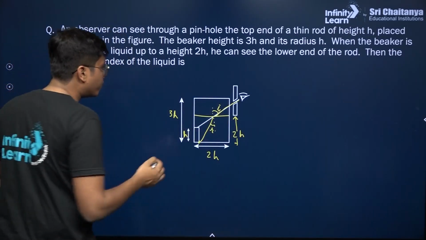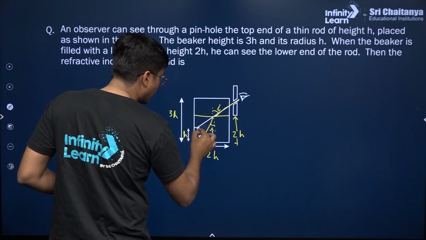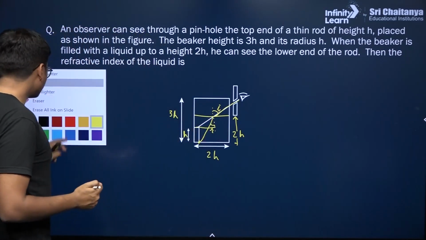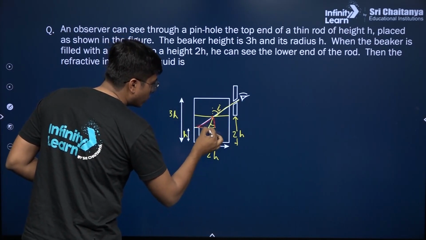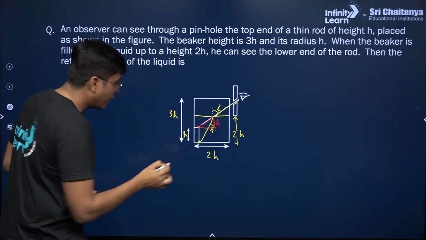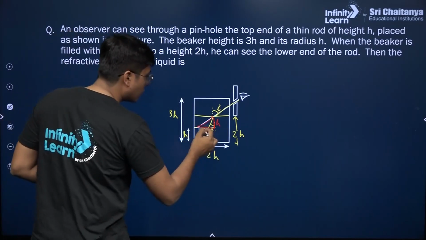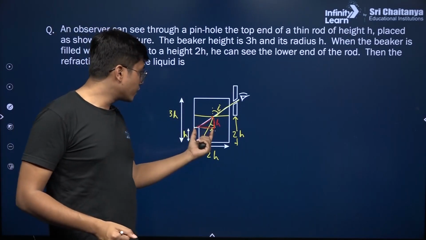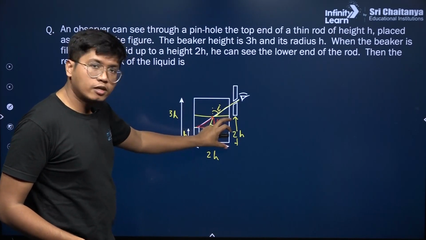Now see, if this is I, and if I trace this out, then if I complete this part here, I have a right angle triangle where this part is H and this part is R. My bad, this part is also H. That is the radius, that part is the radius, which is H, and this part is also H because the full water was filled up to 2H.